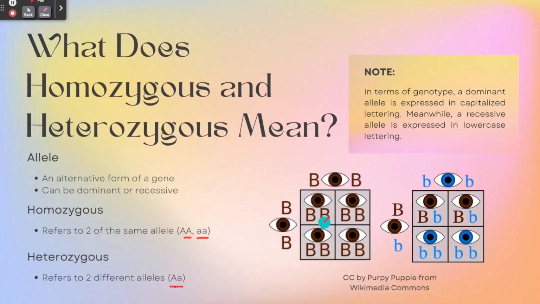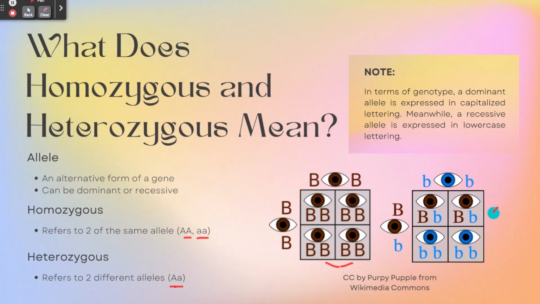If we take a look at the picture here, in the first picture on the left there are big B's, so the offspring will all be homozygous. With the second picture on the right, there are two different types of alleles. We have ones that are big B, little b, and then we have another that's just both little b's.